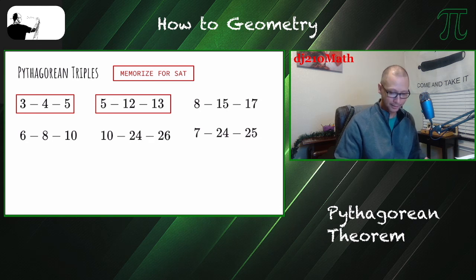So when you recognize these sides, you know immediately that you're dealing with a right triangle. If for some reason you happen to be taking the SATs coming up, then it would benefit you to commit these two to memory because they are very common.